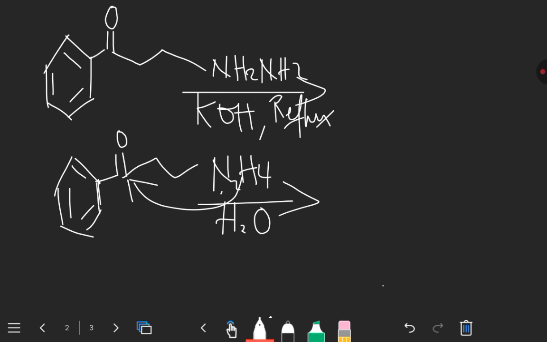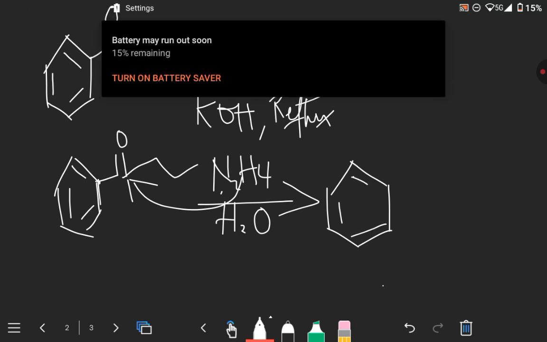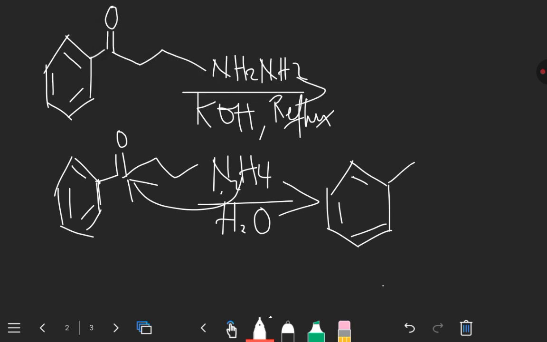So what it's going to form, okay. So two nitrogens are attached.